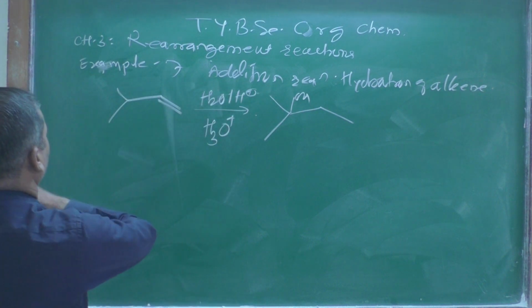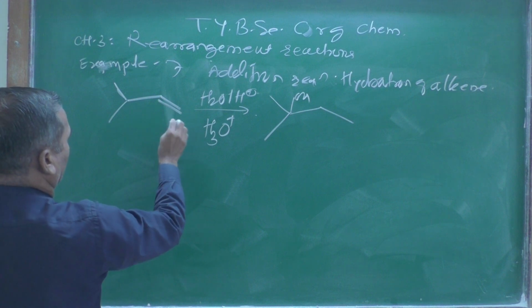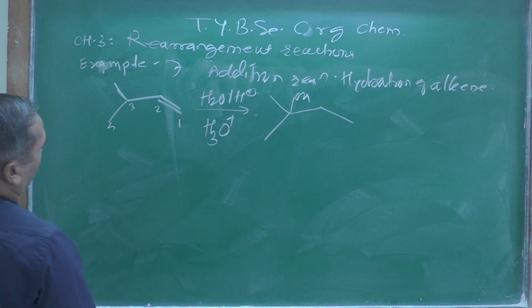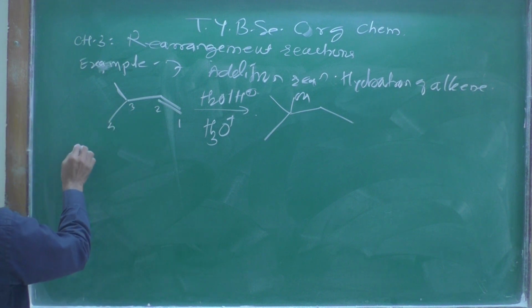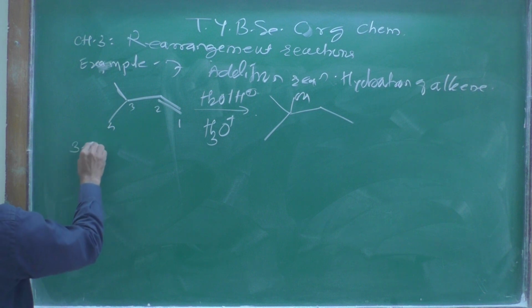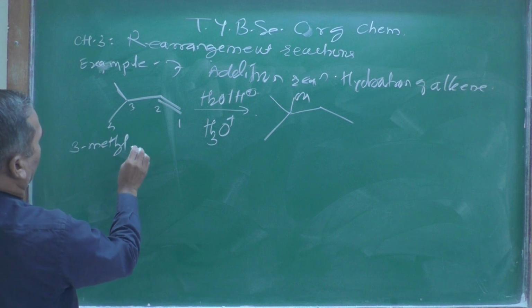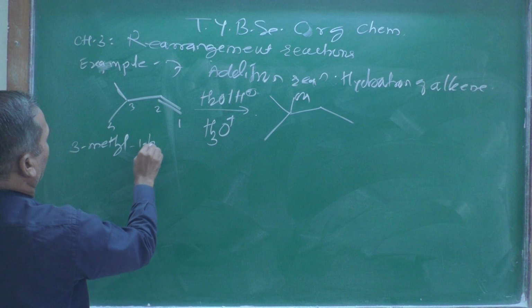If you look at the starting compound, this one, the IUPAC name of this compound: 1, 2, 3 and 4. At 1 position there is a carbon-carbon double bond, at 3 position there is a methyl group, therefore 3-methyl-1-butene you can call it.